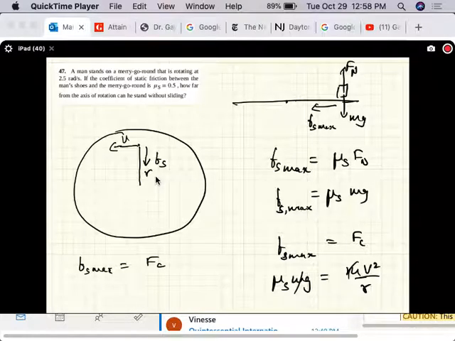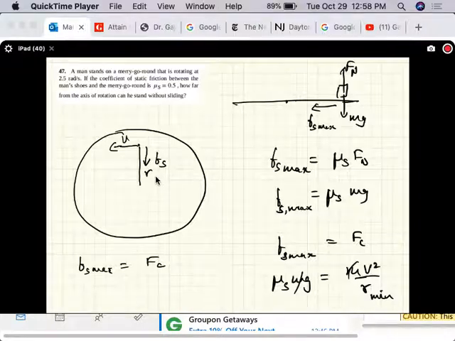So this would be R minimum, the smallest R you can stand at. If you stand any closer than that, you would slip.